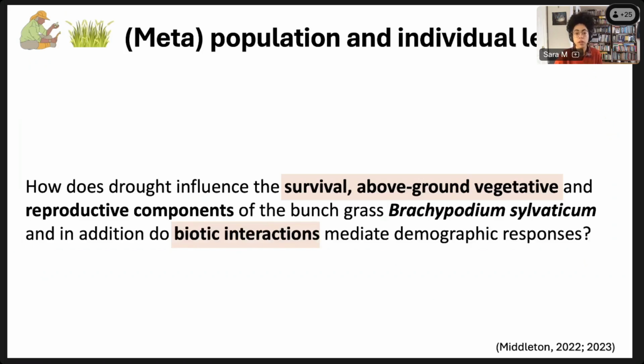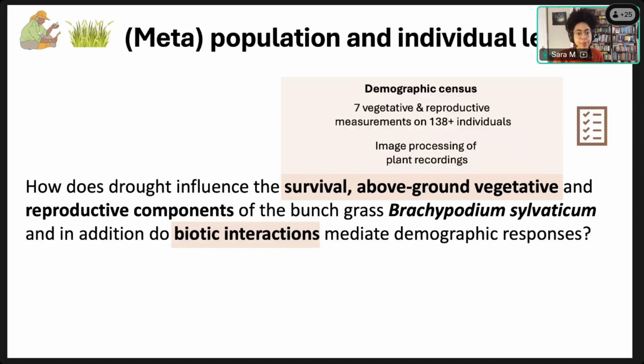Now moving down in scale, looking at the population individual level. Here I'm focusing on the bunchgrass Brachypodium sylvaticum, and I was interested in looking at various demographic measures related to survival and vegetative and reproductive components, and also thinking about biotic interactions.